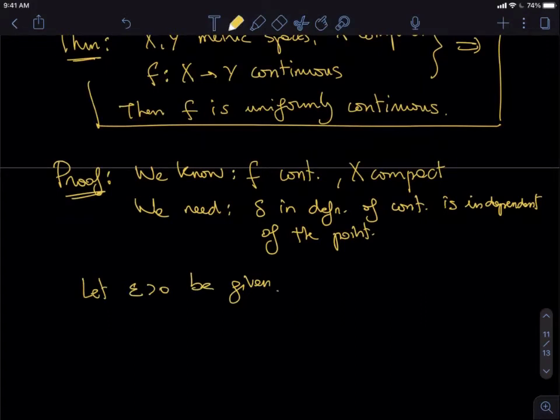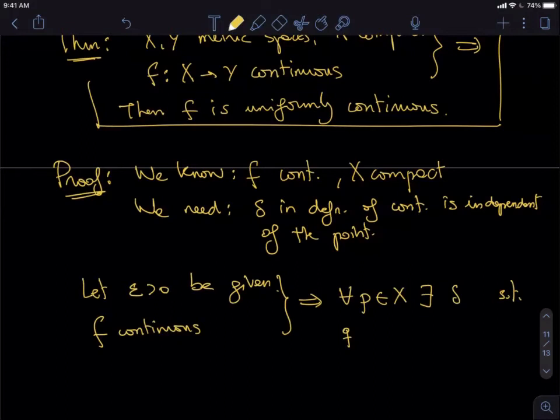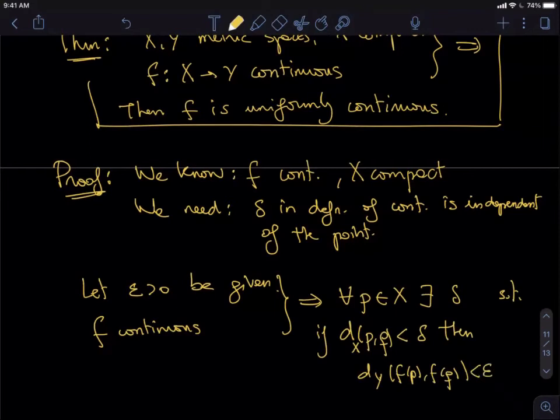And then what we know from the continuity of F, okay, we know that for every p in X, there exists some number delta such that if the distance between P and Q is less than delta, and this would be a distance in X, then the distance between f of p and f of q would be less than epsilon.